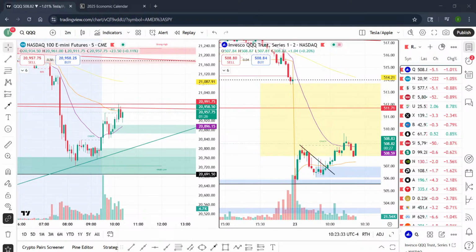Starting to see a bear trap there on the QQQ, meaning this could continue going higher. Possibility. I don't know if I would enter there though, but it is showing potential to go higher.